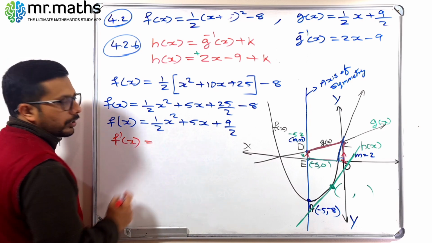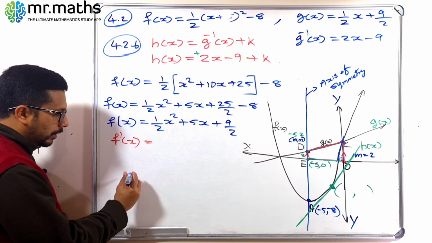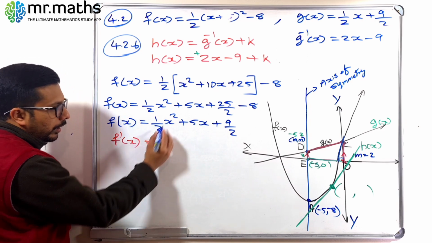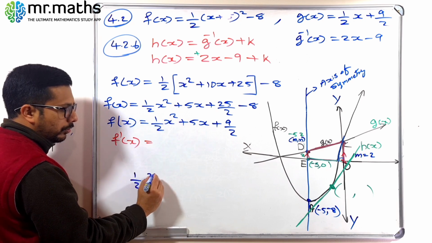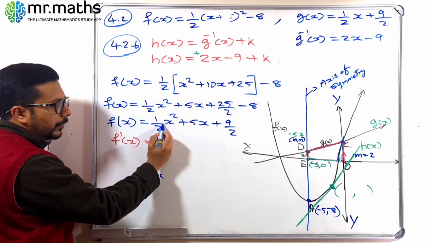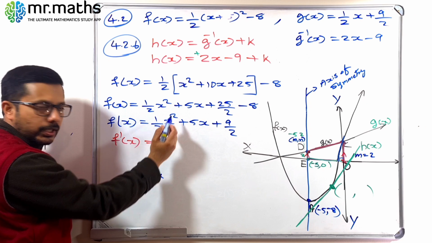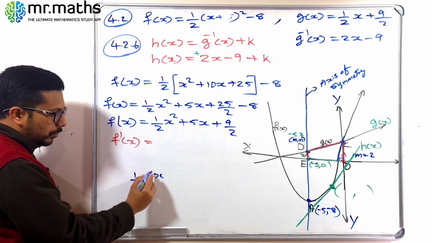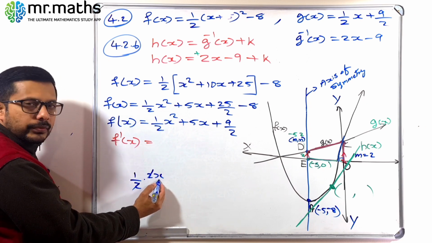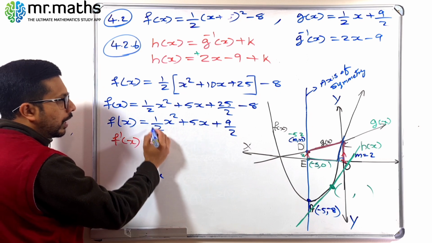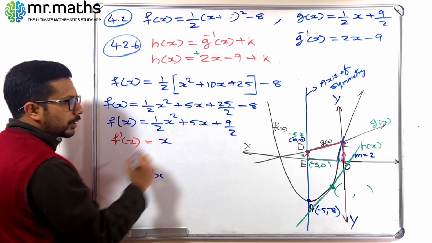So what is the derivative of half x square? Half into the derivative of x squared, which is 2x: the 2 will come here, then 1 less than the 2, that is x raised to 1. So the 2 and 2 cancel. So the derivative is only x. Half x square derivative is x.